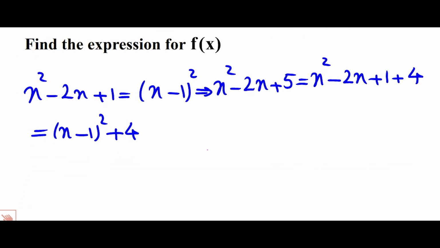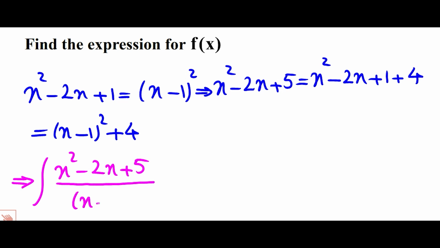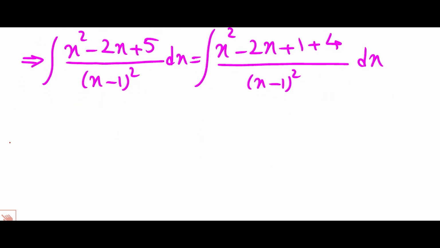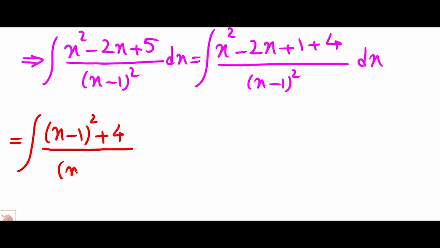So we have the integral of (x squared minus 2x plus 5) over (x minus 1) squared dx equals the integral of (x squared minus 2x plus 1 plus 4) over (x minus 1) squared dx, equals the integral of ((x minus 1) squared plus 4) over (x minus 1) squared dx, right?